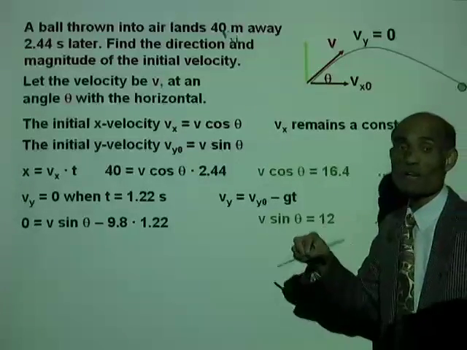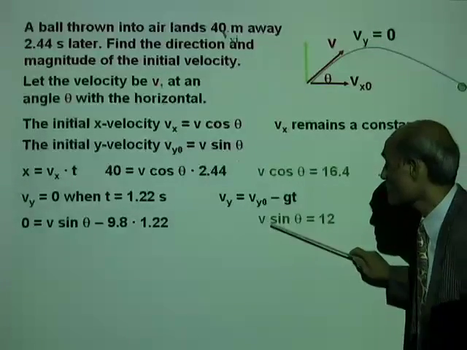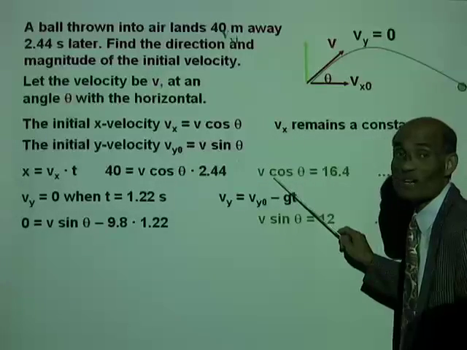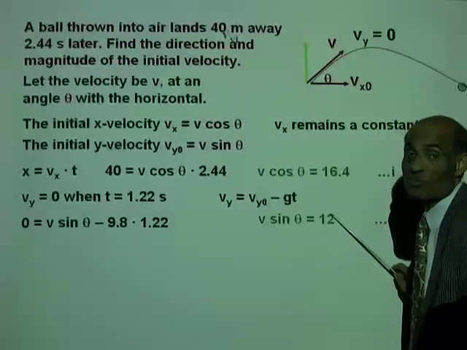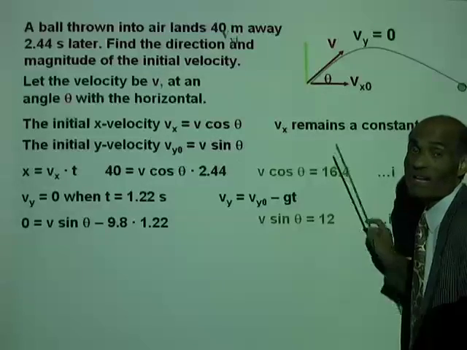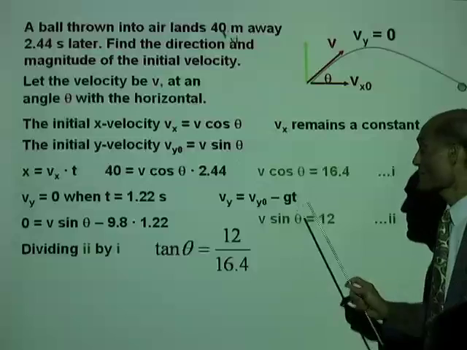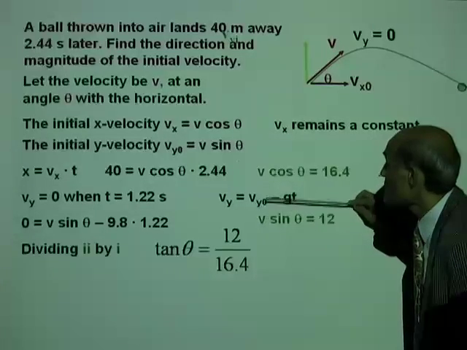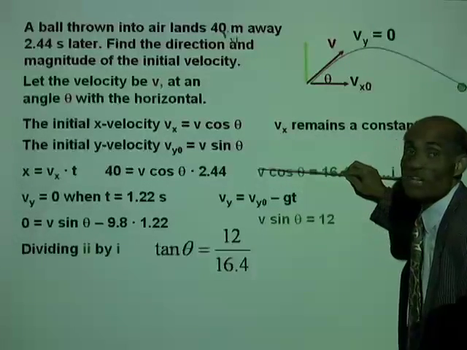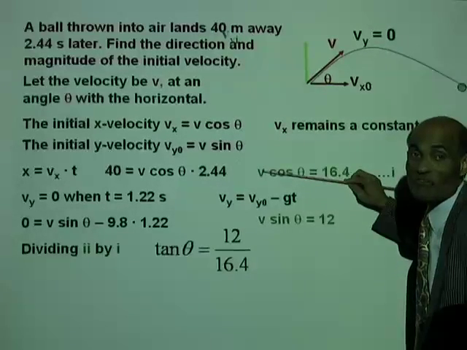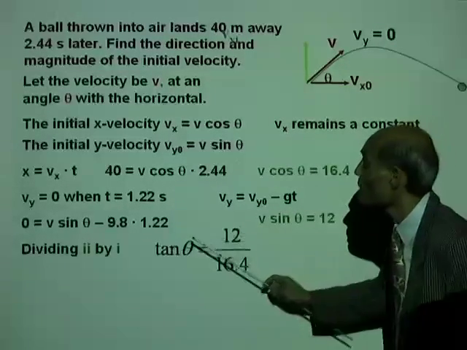I hope you understand what I'm saying. Divide the left hand side of equation 2 by the left hand side of equation 1, and divide the right hand side by the right hand side of equation 1. So what do we get? We get v sin theta divided by v cos theta. V and v will cancel.